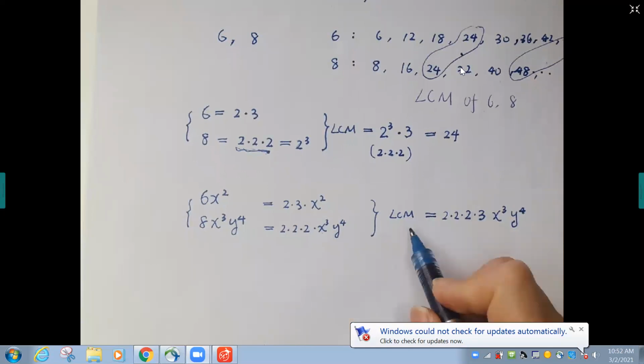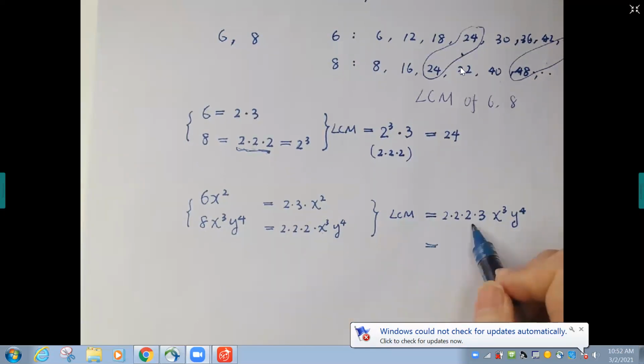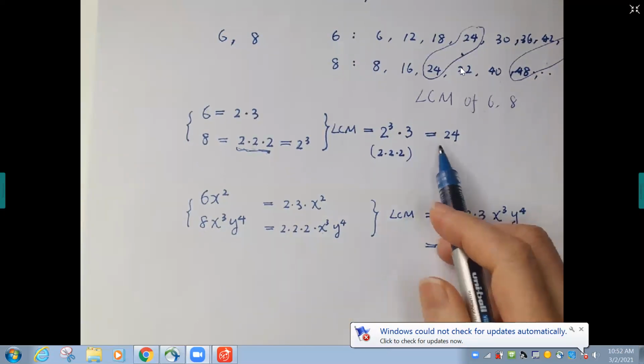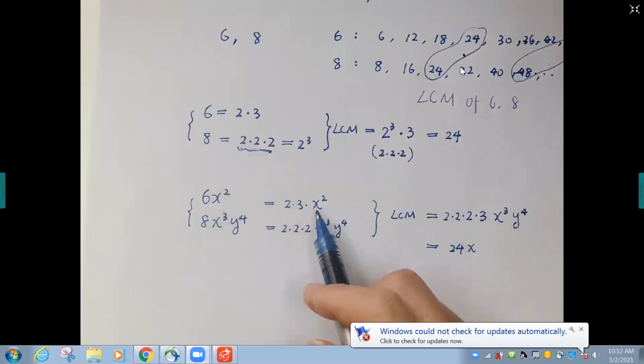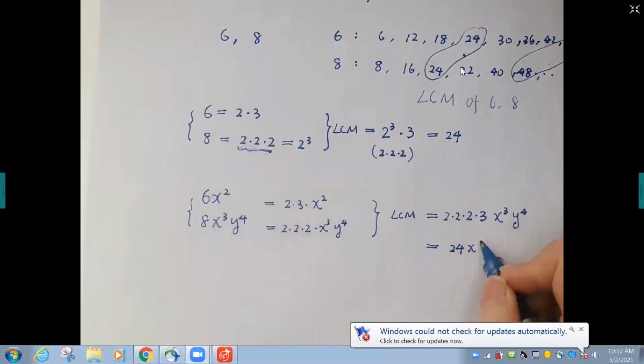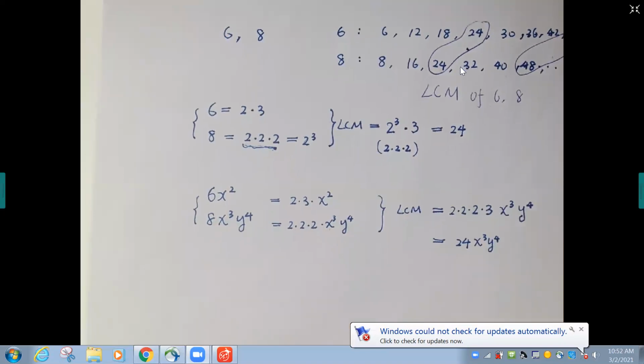All right, so now carry out what we did in the first step here. 24 is the LCM for their coefficients. For every variable, I will just use the maximum exponent. Then we are all set.